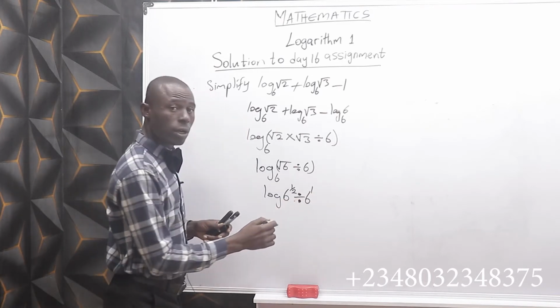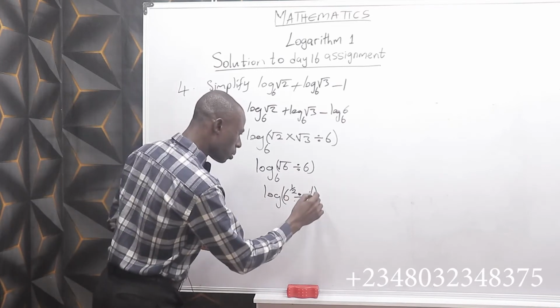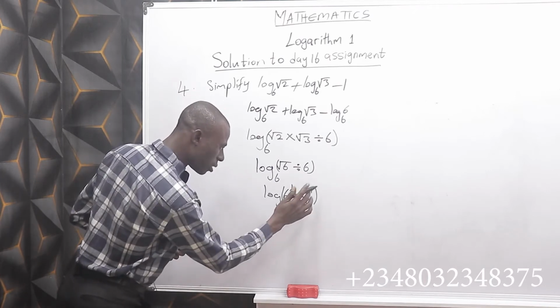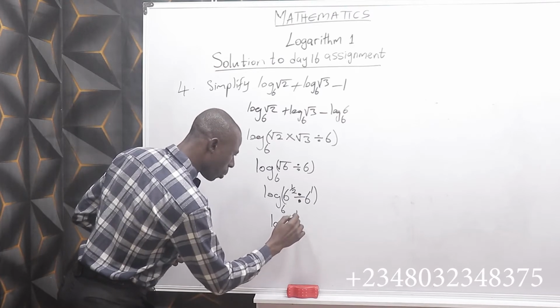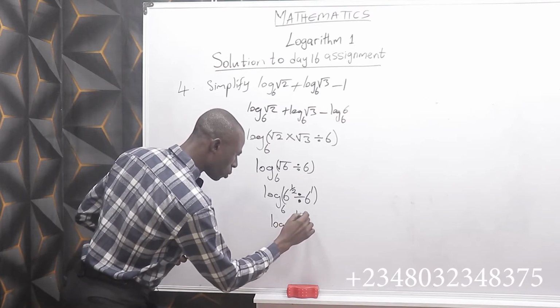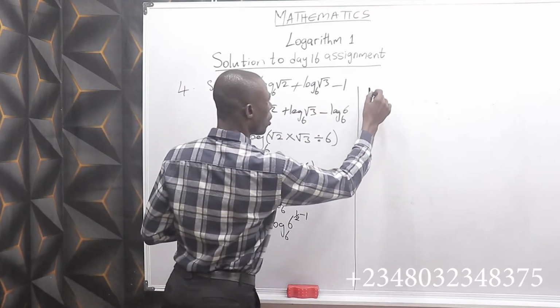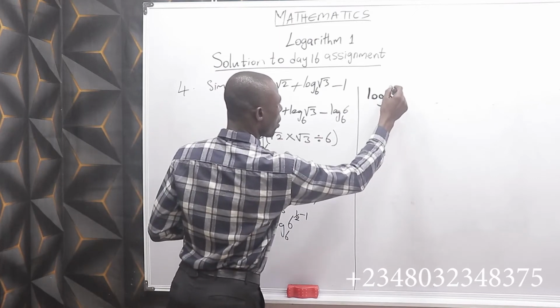I'm showing all this so that you can understand what we are doing. Base 6. This is indices. Look at it very well. So you can operate that indices as 6 raised to power half minus 1 base 6. So you have log 6 raised to power minus half.